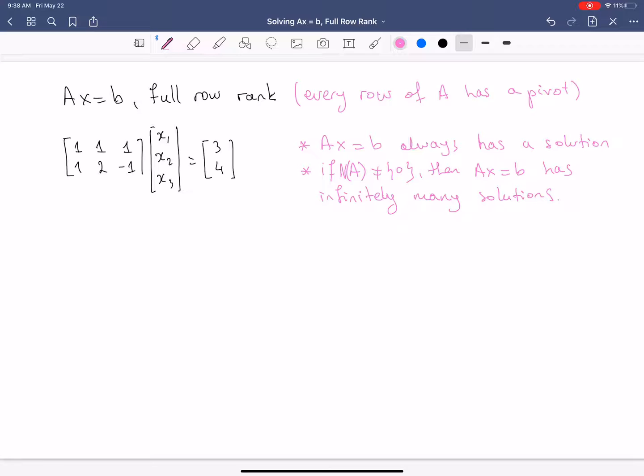The strategy of approaching this problem is again the same. We start with writing the augmented matrix AB. So we have 1, 1, 1, 2, 1, negative 1. And then we have the vector b.